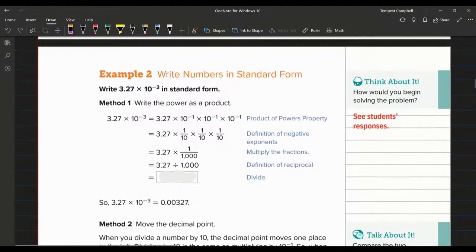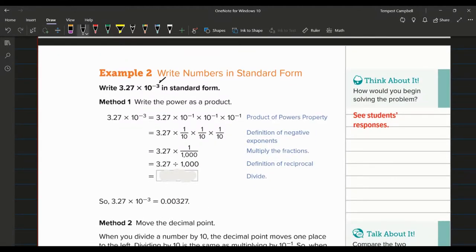All right, next example. So now notice how we have a negative exponent. So when we have a negative exponent, that tells us we are going to the left because the number is small.